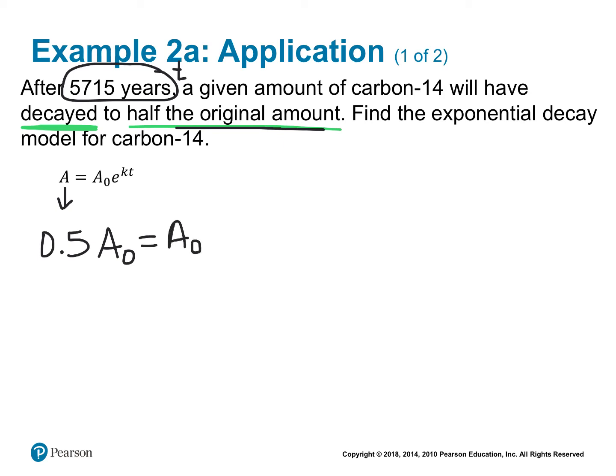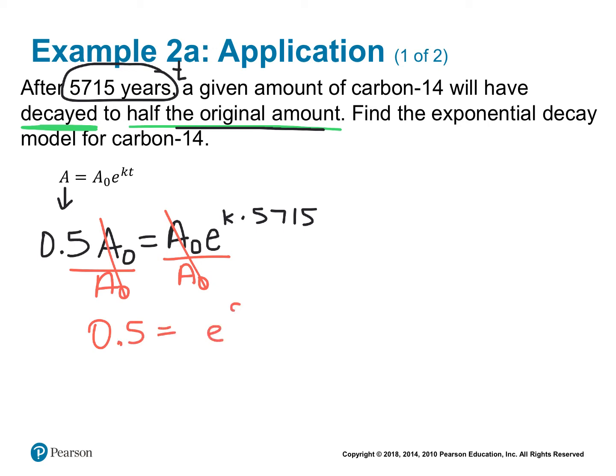So let's go ahead and keep bringing the other stuff down. We don't know the K yet, but we do know the time was 5,715. So let's go ahead and simplify this. I have an A sub O on both sides, so let's go ahead and divide that out. So I'm left with 0.5, or you could say 1/2, equals E to the 5,715 K. Then we'll go ahead and take the natural log of both sides.